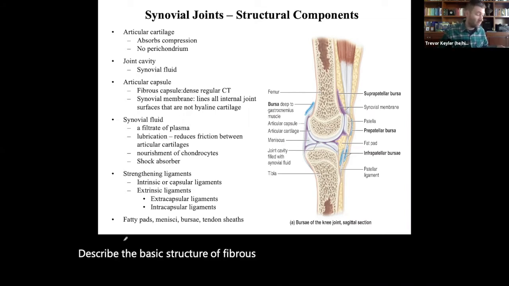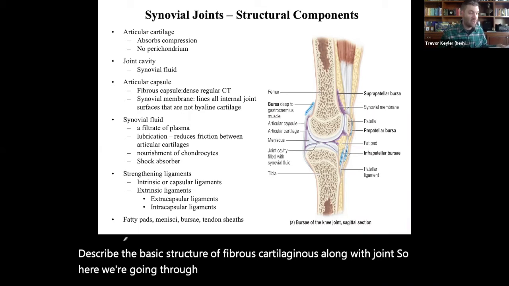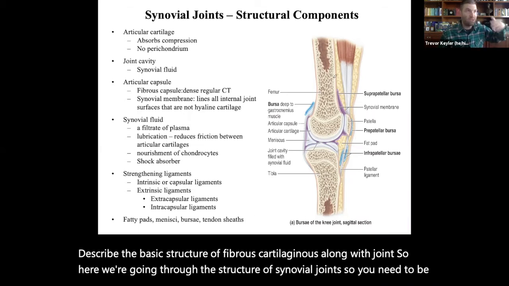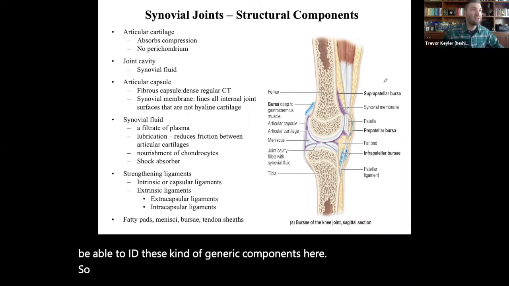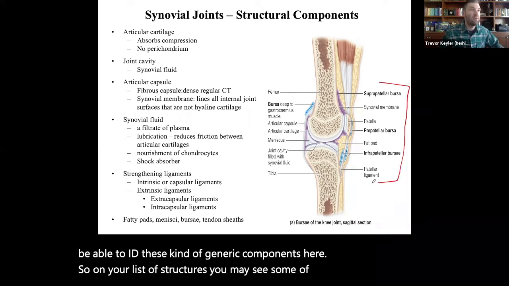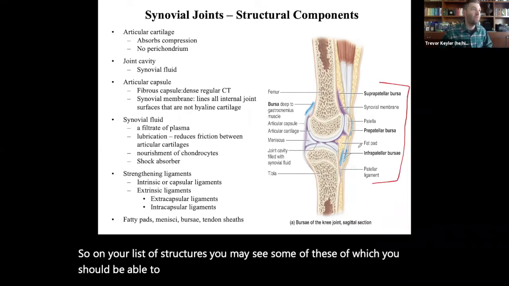So here we're going through the structure of synovial joints. You need to be able to ID these generic components. On your list of structures, you may see some of these which you should be able to identify. Not all of them are within there, but these that I've listed here, for example.